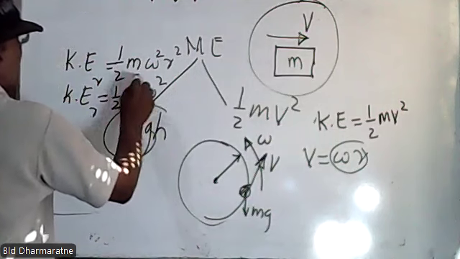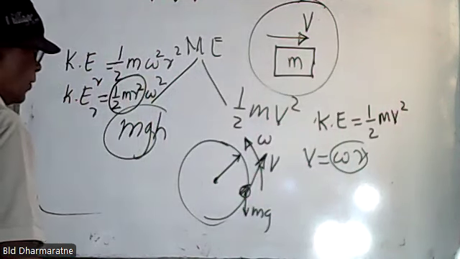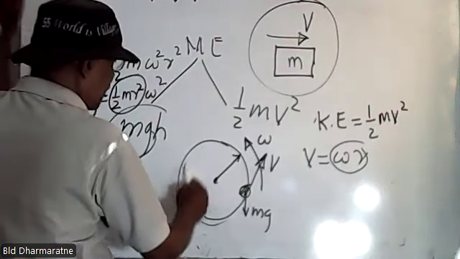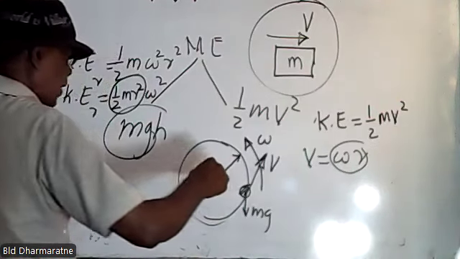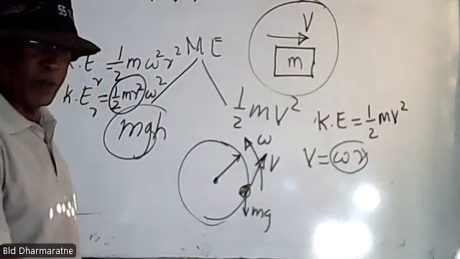What is half m r squared? We may consider this a disk. Perpendicular to this axis, what is that? The moment of inertia, half m r squared.